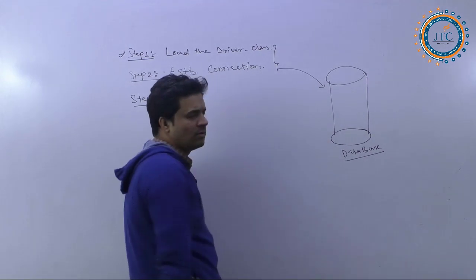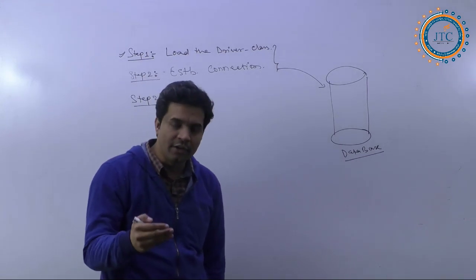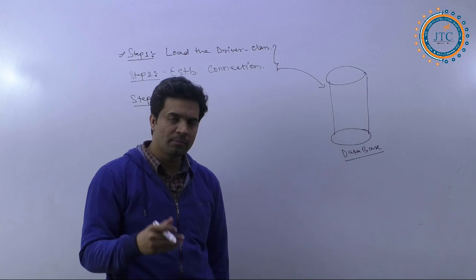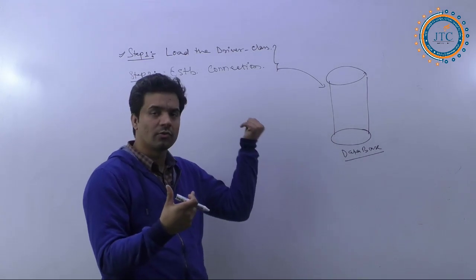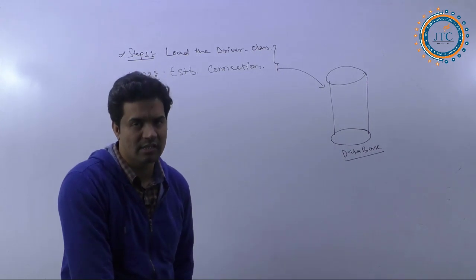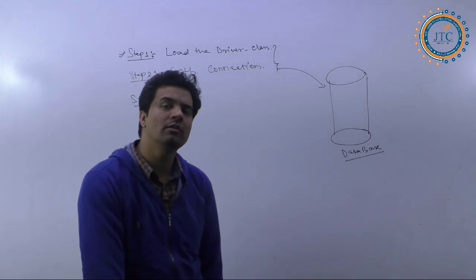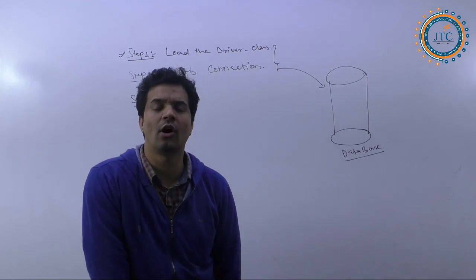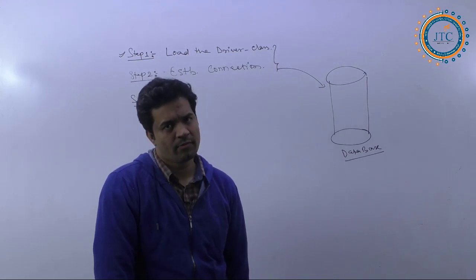Now the connection is established. So why did you establish the connection? What is the purpose behind creating these connections with the database? The purpose is you want to perform some operations, or submit some queries to the database.